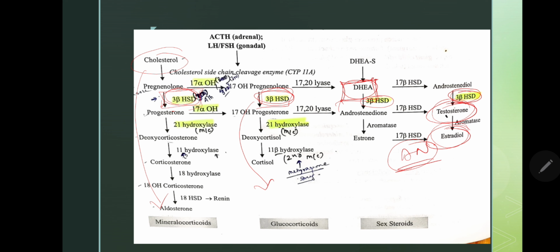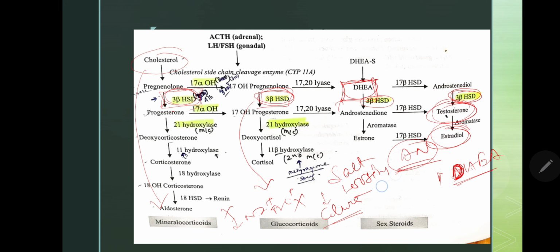So the patient presents with no mineralocorticoid, no glucocorticoid, but an increased amount of DHEAS, which is similar to androgen hormone. So the patient has decreased sodium, increased potassium, decreased blood glucose level. So the patient presents with salt-losing shock, and also hypoglycemia.